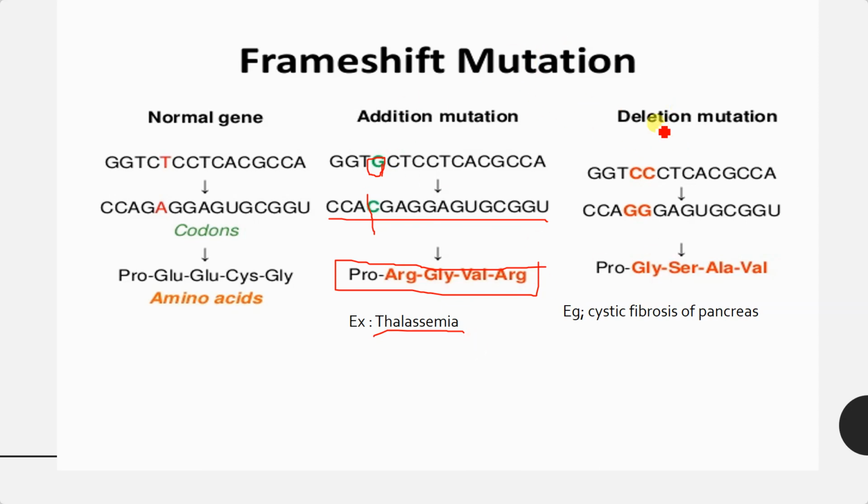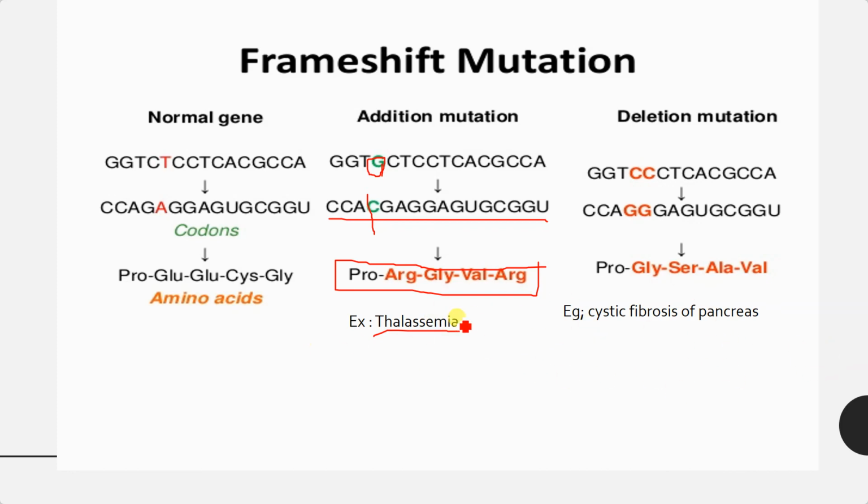And the next one is the deletion mutation. Here also, nucleotide bases will be removed, that will result in an abnormal mRNA, and the complete protein or amino acid sequence will be altered. The classical example for the deletion mutation is cystic fibrosis of the pancreas.